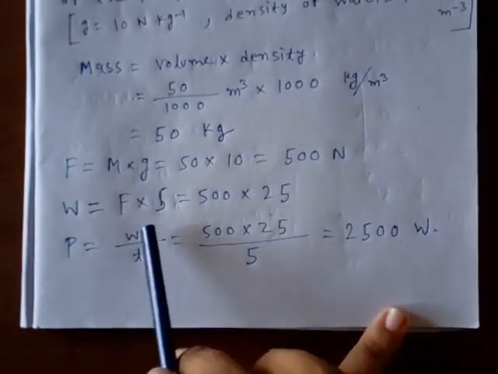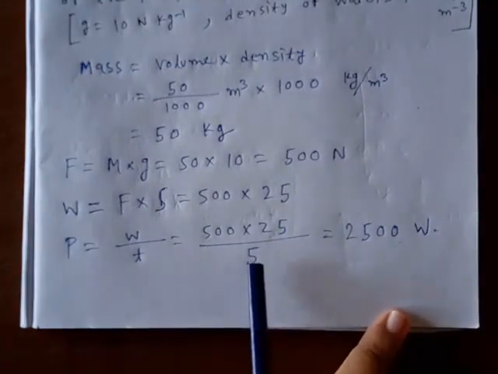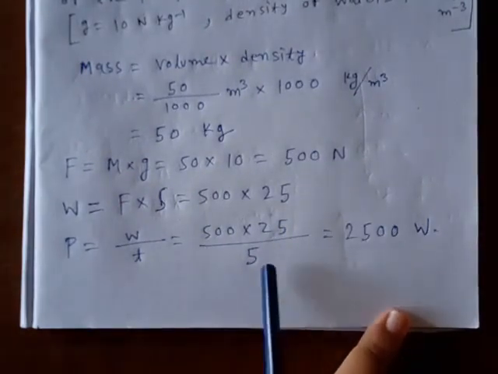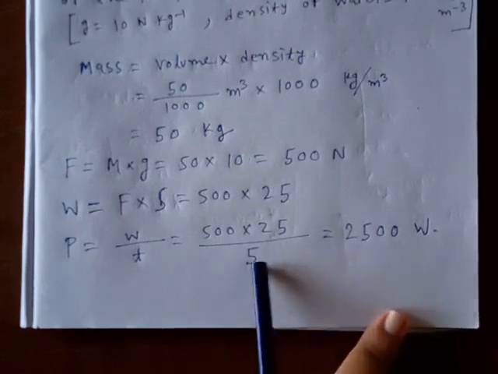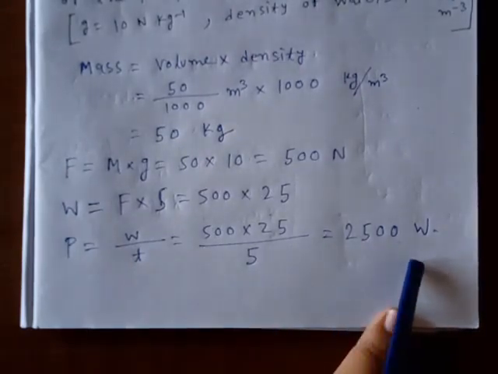Now power is given by work divided by time. So 500 multiplied by 25 divided by 5, because the work is done in 5 seconds. Now the power of the pump is 2500 watt.